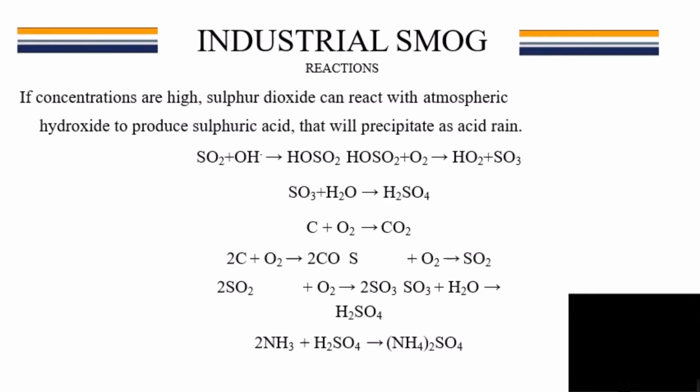Okay, so these are the reactions. Now I told you, what is the reason? Sulfur dioxide. So when high concentrations of sulfur dioxide react with atmospheric hydroxide, finally what does it produce? Let me show it with the help of a pointer. What does it show?